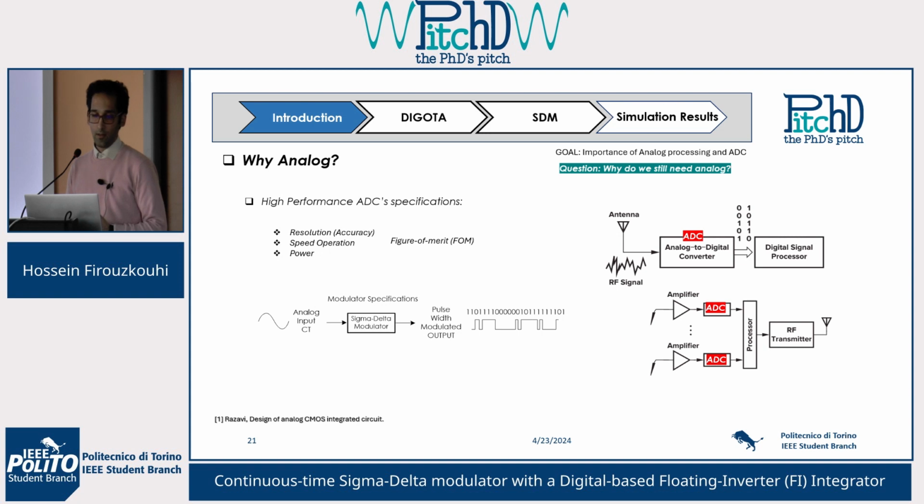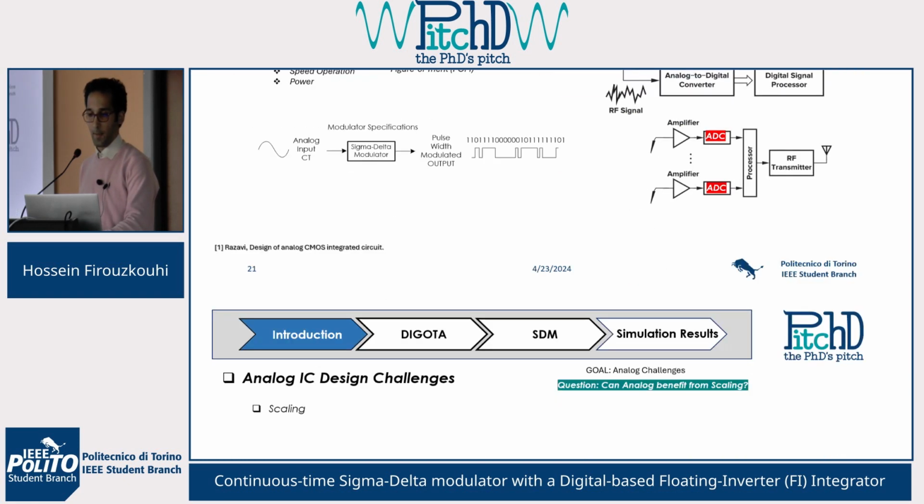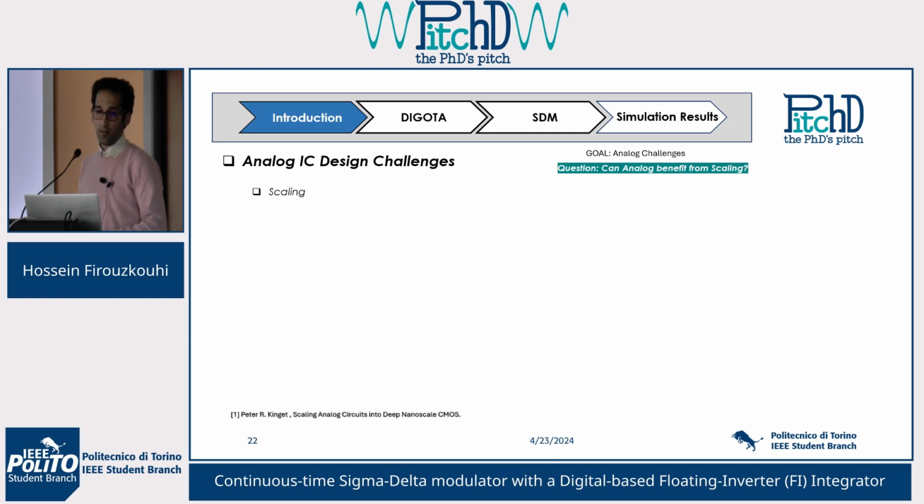So in this slide, I want to explain how we can convert the analog signal in a digital way, and we want to discuss the challenges that analog circuits face.